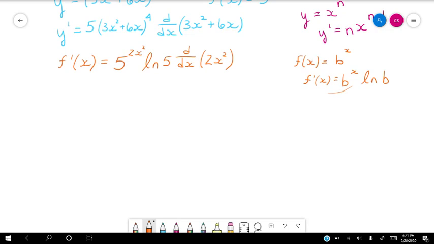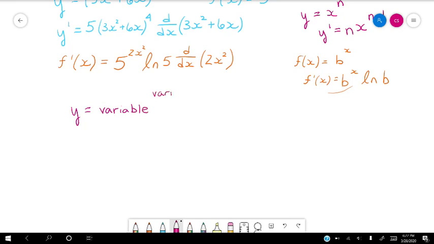The situation we're headed into now is we're going to have a function. Again, it was either a constant raised to a variable or a variable raised to a constant. Constant raised to a constant, awesome, because that's just a constant, like 3 to the 5th.